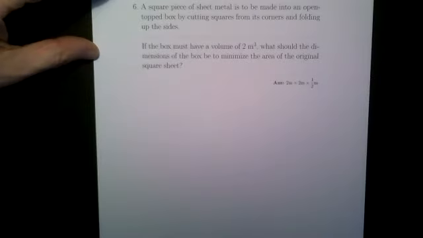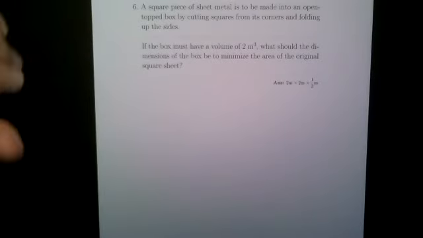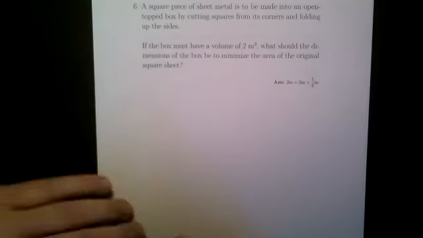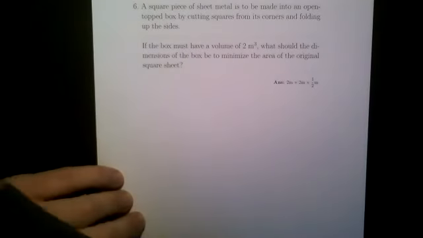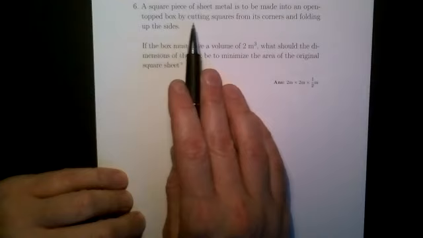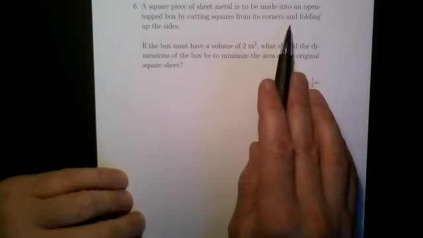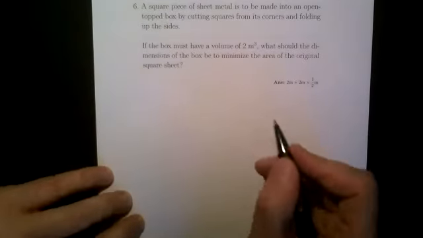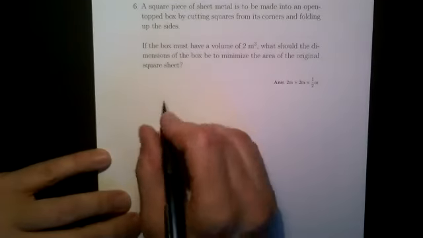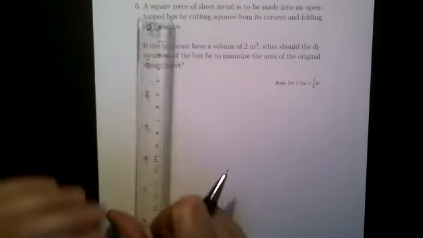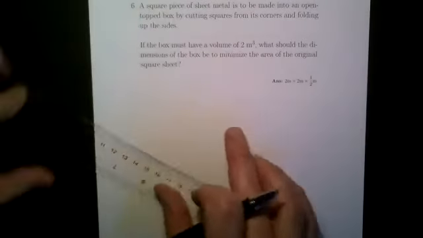Okay, so this I think is an optimization problem. A square piece of metal is to be made into an open topped box by cutting squares from its corners and folding up its sides. Okay, so here's the situation. So we have sort of a square.